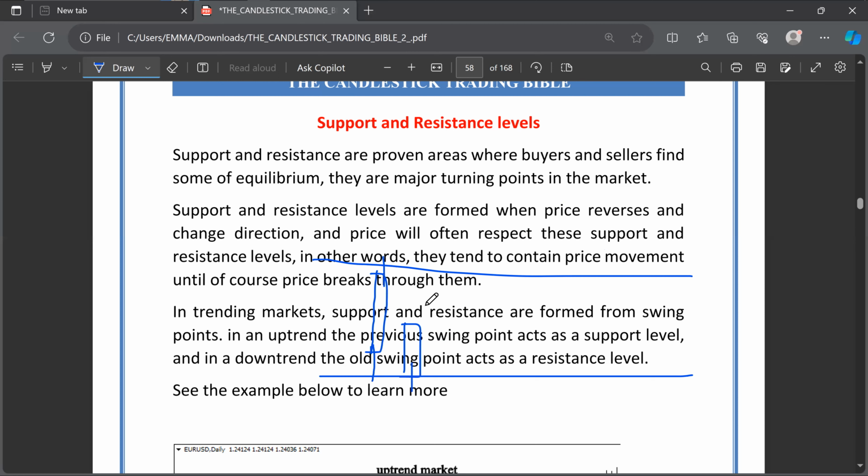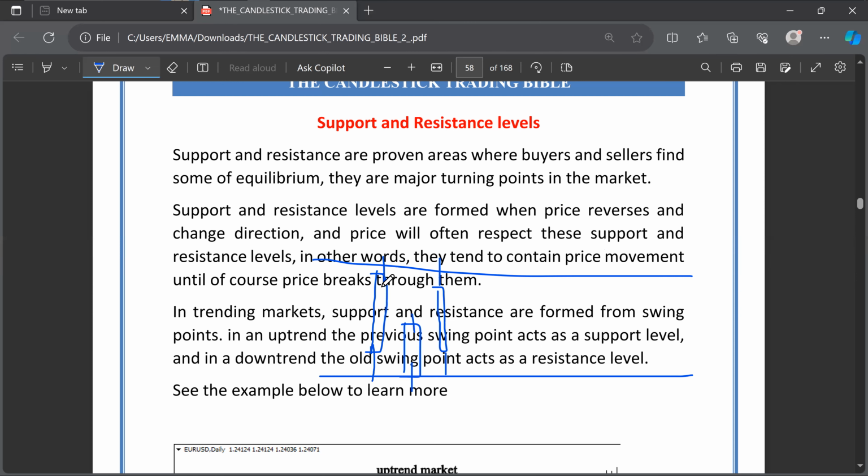And then here, something of this sort will move on lines, right? So just as simple as that. So the top one is the swing high, and then the bottom is the swing low. So at this point, if it happens at the support level, it is the swing low, and at the resistance level, the swing high. It's as simple as that.